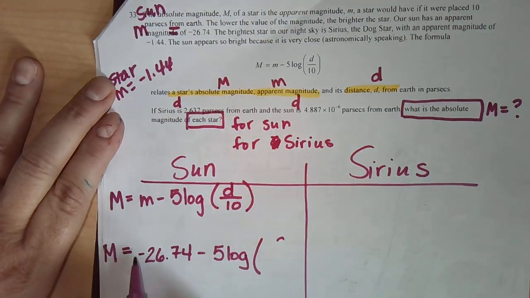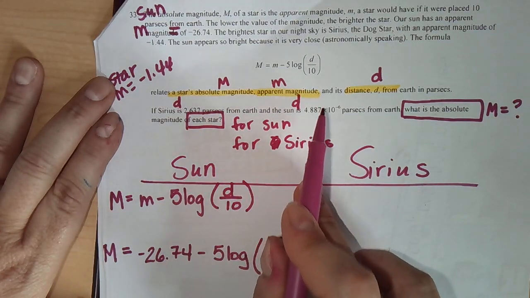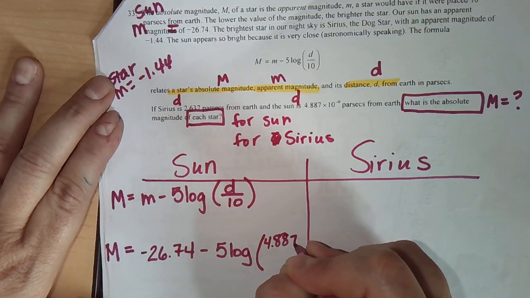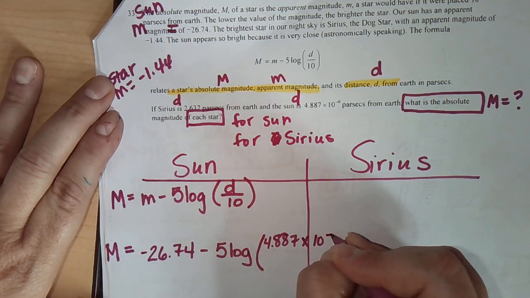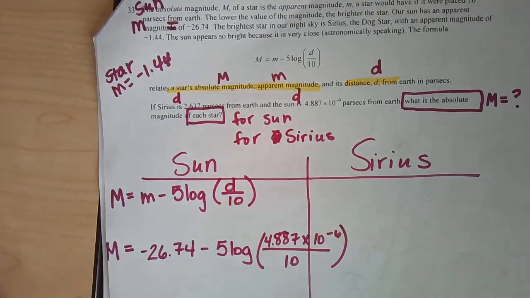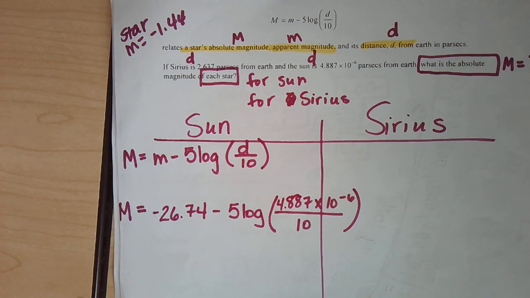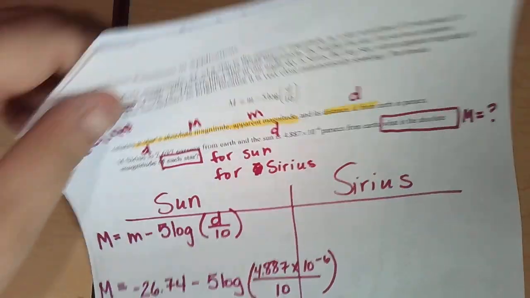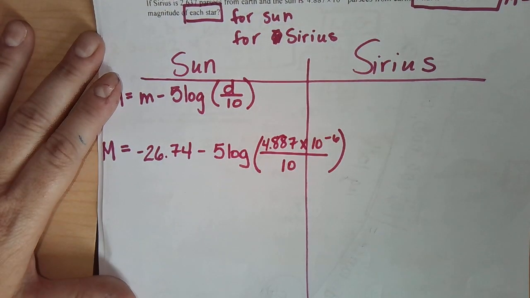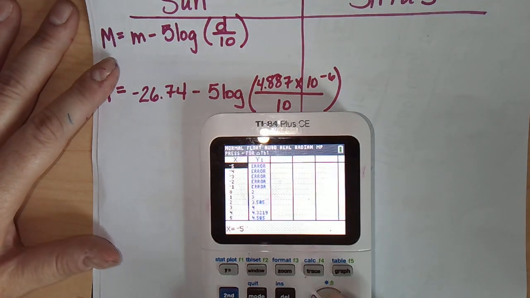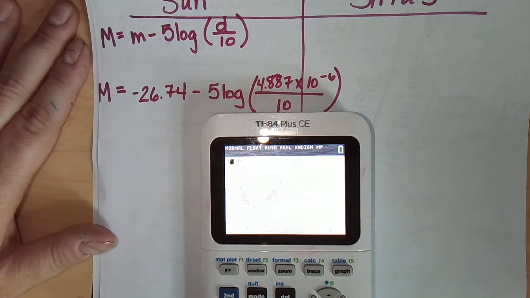What's our d? Our d for the sun is this 4.8 over 10. First we have to remember some old school. We could probably put this in our calculator if you want. Let's see if we can, and then I'll show you why it happened.